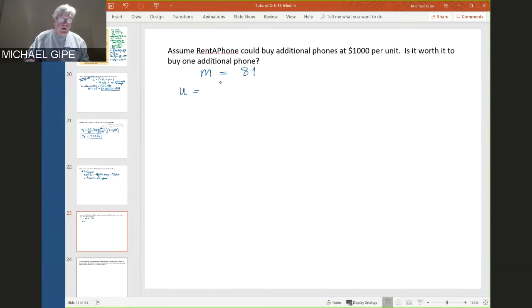So the new utilization will be the processing time of 72 divided by M times the inter-arrival time. And that's going to work out to be 0.926. So we've only dropped utilization by roughly 1%, adding 1. But now what's the queue time? It's going to be 72 divided by 81 instead of 80.